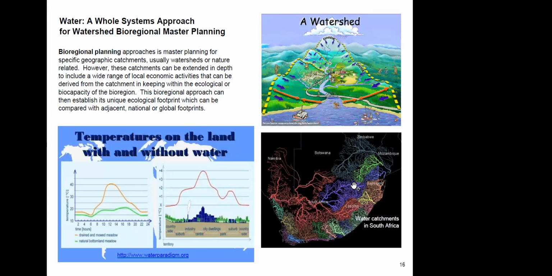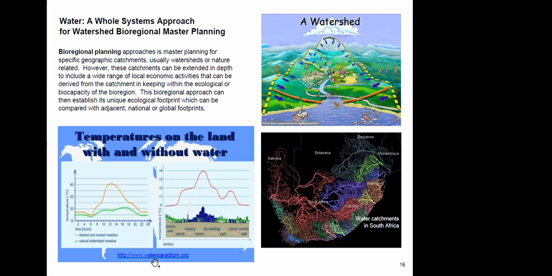And here's an example of a map of South Africa with all its large watersheds. There are other sub-watersheds within this as well, but every country in the world has got this type of water catchment watershed map.